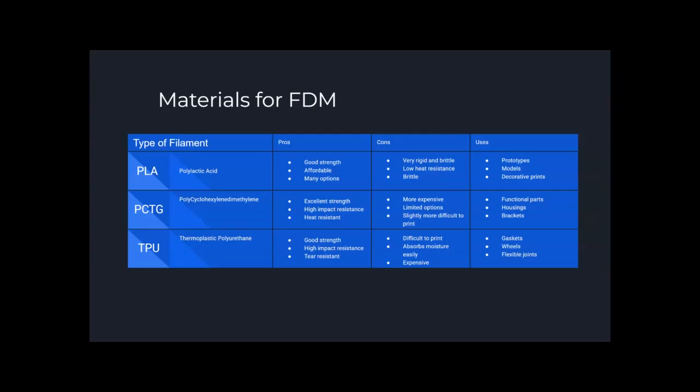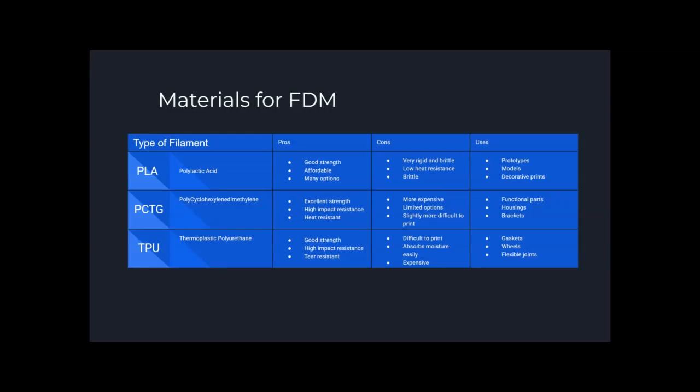The advantage of PCTG is that it's recyclable, and it's a lot more flexible. When you try to break it, PLA will shatter, kind of like glass, and PCTG will deform and warp, like copper, where there's a lot of yield before it will actually snap.